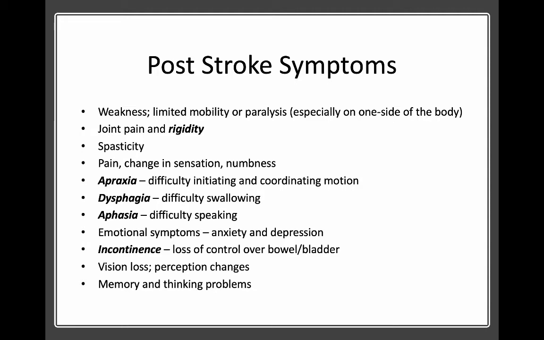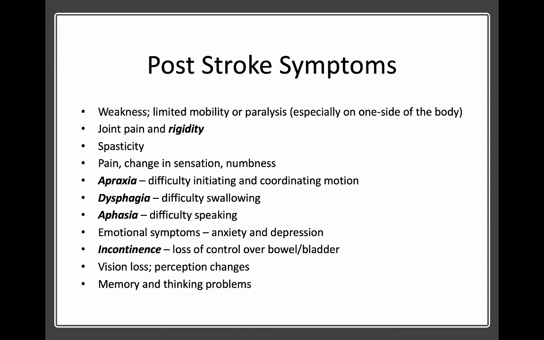So after a person has a stroke or post-stroke, they may have some lasting symptoms, and these can cause physical disability. Those symptoms might look like this: weakness in parts of the body, including specifically certain limbs, or it may even look like paralysis. They may have limited mobility, especially on one side of the body, as we said, as in hemiplegia.